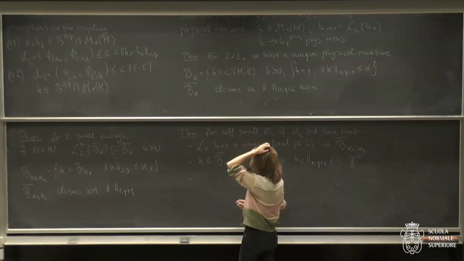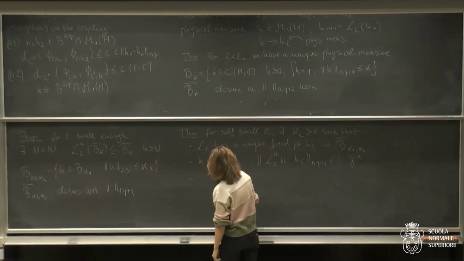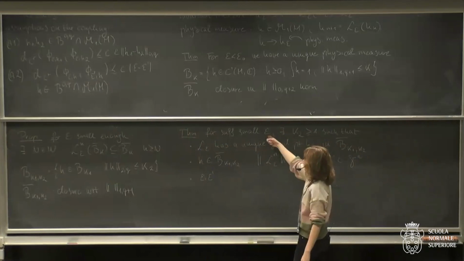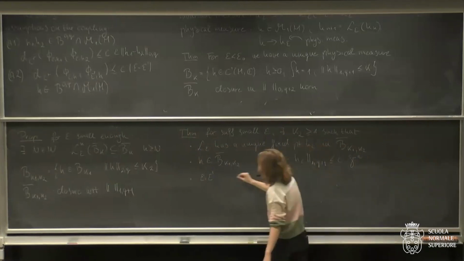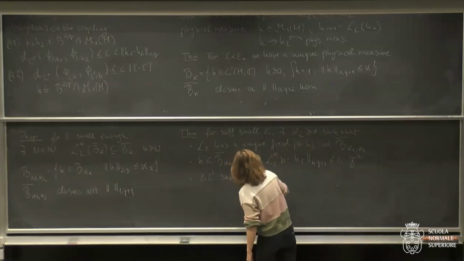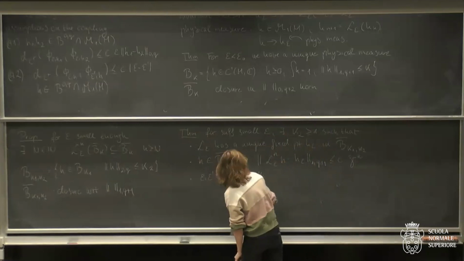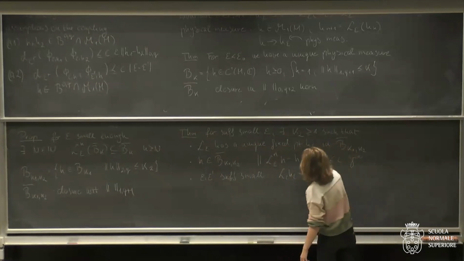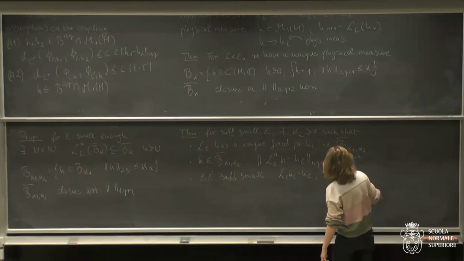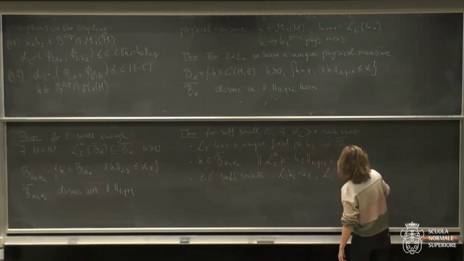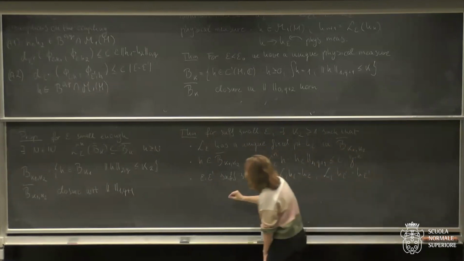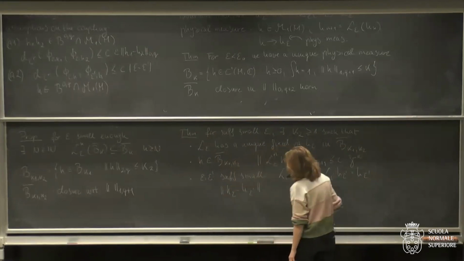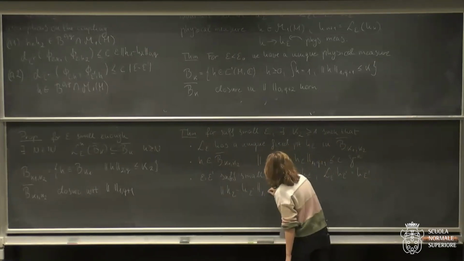And furthermore, we have statistical stability in the sense that if I take an epsilon and an epsilon prime that are sufficiently small, so below this bound that I was referring to here, then if I denote the fixed point of the epsilon self-consistent transfer operator as H epsilon, and the same with epsilon prime, then H epsilon and H epsilon prime are going to be close in the 1Q plus 1 norm.